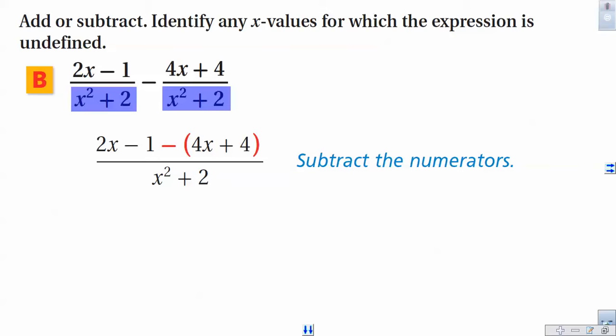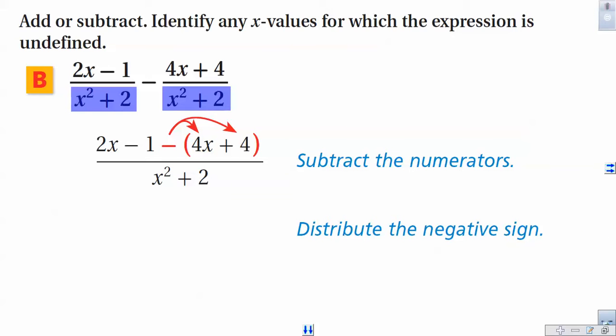Because we're dealing with a subtraction problem, we want to subtract this entire quantity. So what you're going to have to do every single time with subtraction problems is always distribute that minus sign to both of those terms, or however many terms you have on the second fraction.